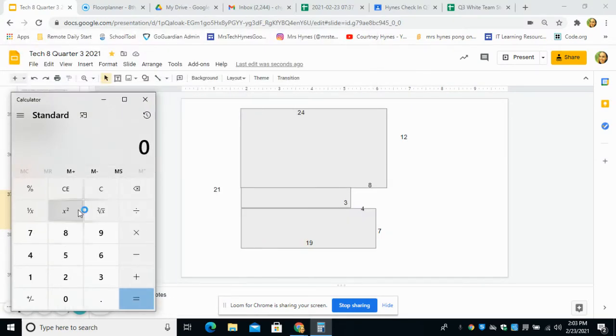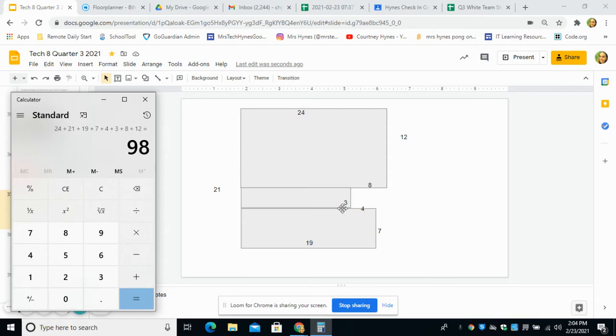So what is 24 plus 21 plus 19 plus 7 plus 4 plus 3 plus 8 plus 12? Bam. 98 feet. The units are just feet because we're adding them together.